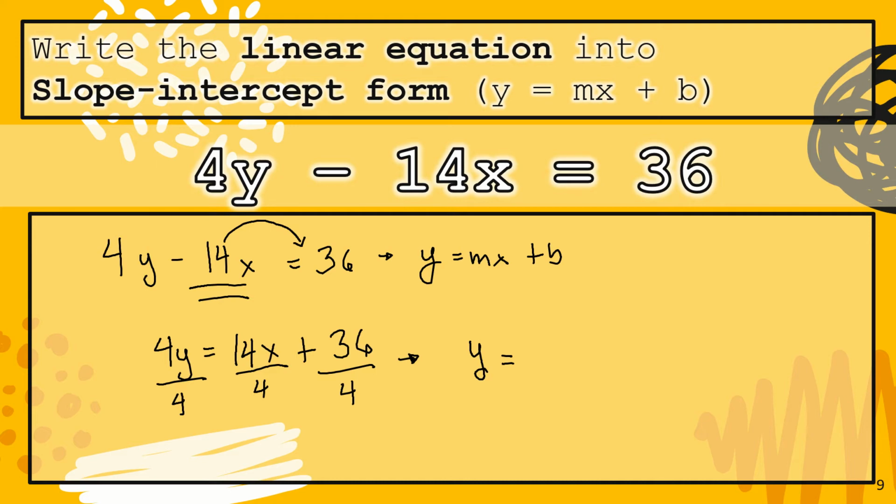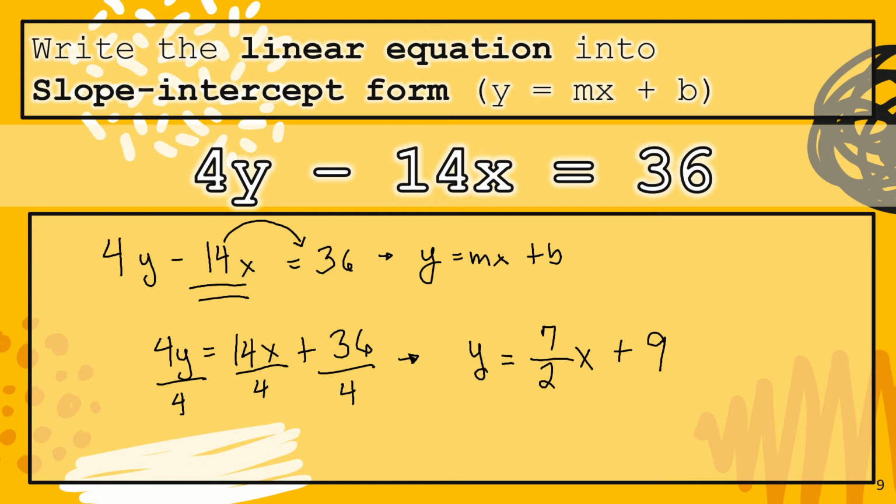So what is the simplest term or the lowest term of 14 over 4? Correct. It is 7 over 2 because they are both divisible by 2. Then don't forget to write variable x plus 36 over 4, which equals, correct, 9.